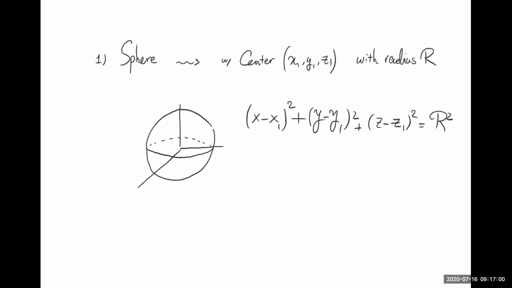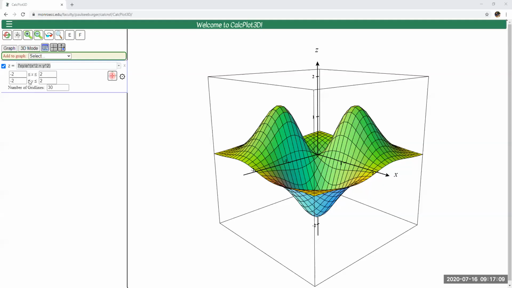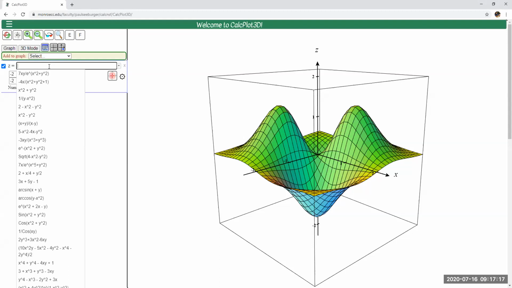So if we want to see how we can use, for example, this website I showed you. Here, for example, if you look at the left side, you see it's written z equal, right? It means you should write the equation in terms of z. If you want this page to graph the equation for you, let's do that. Let's look at our equation.